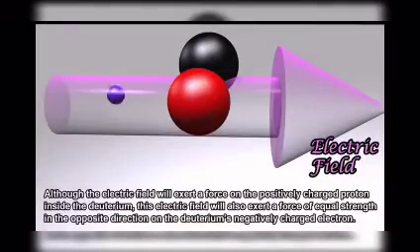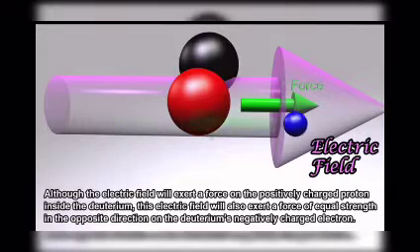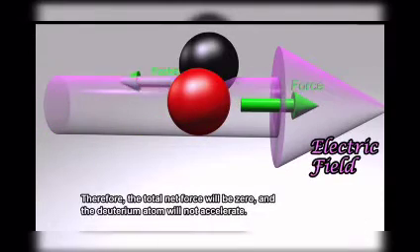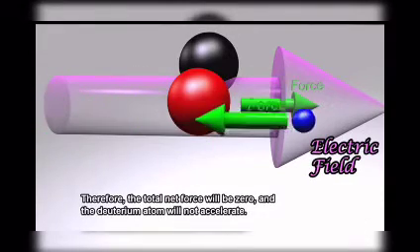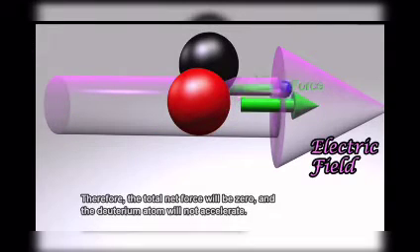Although the electric field will exert a force on the positively charged proton inside the deuterium, this electric field will also exert a force of equal strength in the opposite direction on the deuterium's negatively charged electron. Therefore, the total net force will be zero, and the deuterium atom will not accelerate.